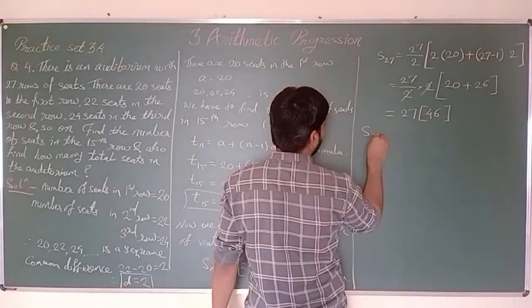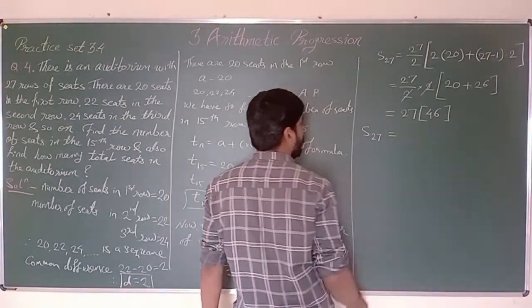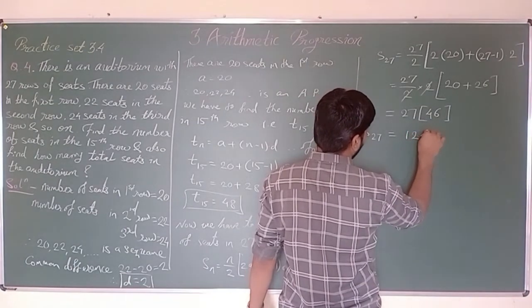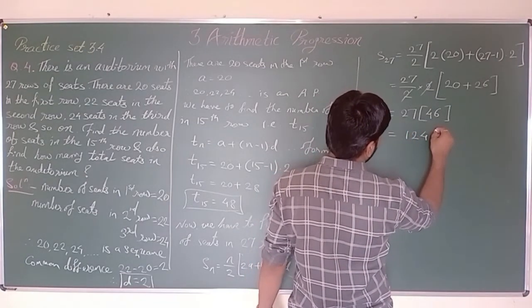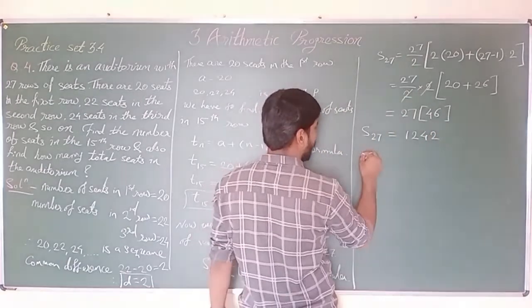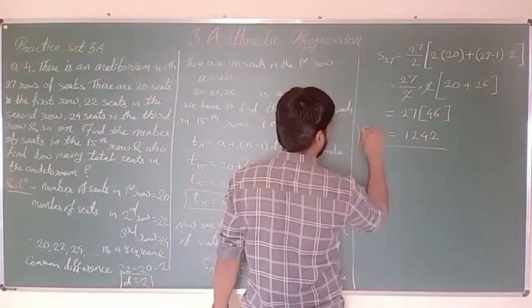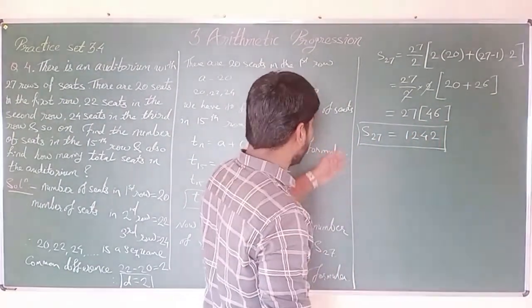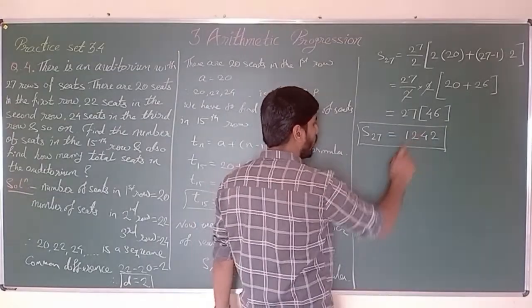Sn, that is S27, this multiplication is 1242. Therefore, the number of total seats in the auditorium is 1242.